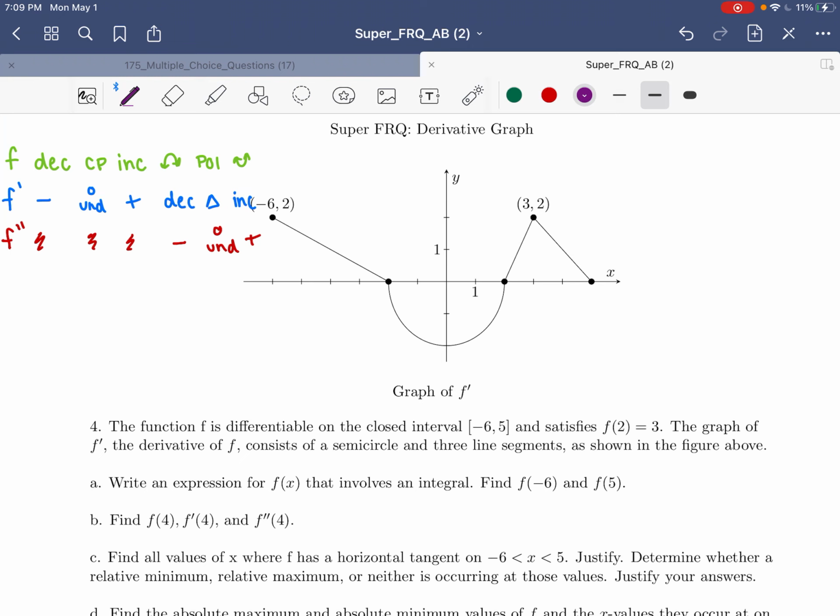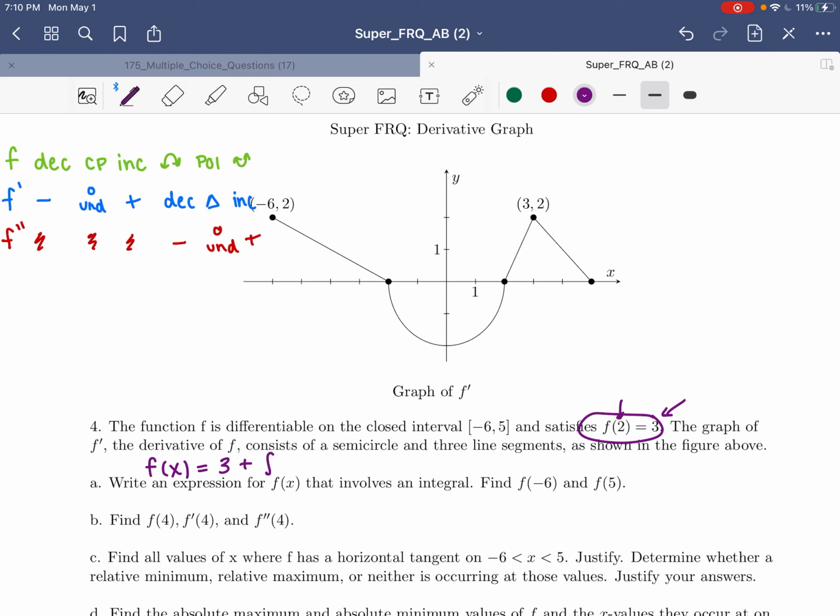All right, A wants us to write an expression for f of x that involves an integral. So this is going to be important. We're going to use the initial value that we have. So we're going to say f of x equals, we have to take into consideration wherever we're starting. We're starting at a y value of 3 plus our integral.